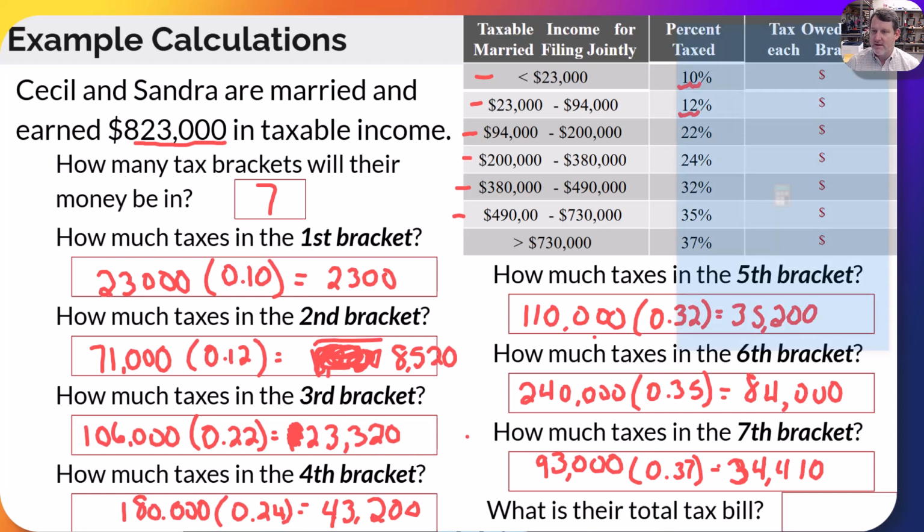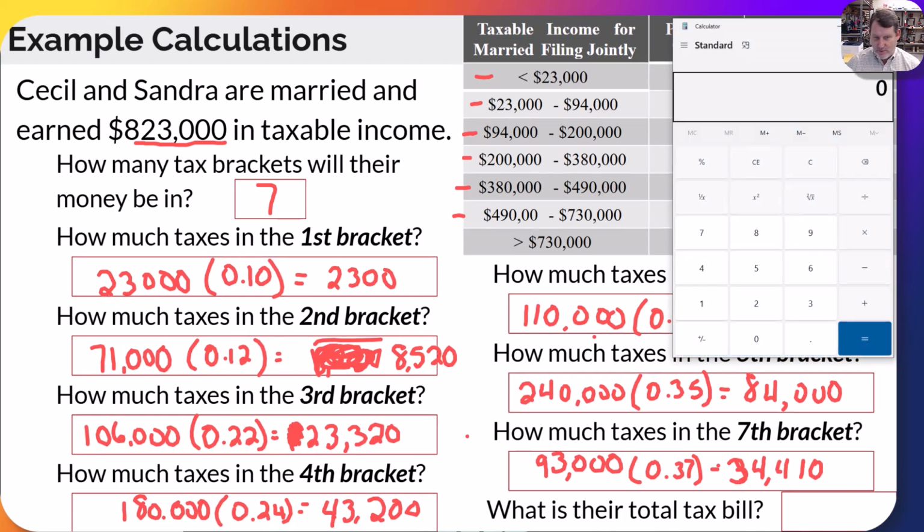All right, to see their total tax bill, what we're going to do is add up all of these things. So 2,300 plus 8,520 plus 23,320 plus 43,200 plus, and this number under the calculator was 35,200 plus 84,000 plus 34,410.